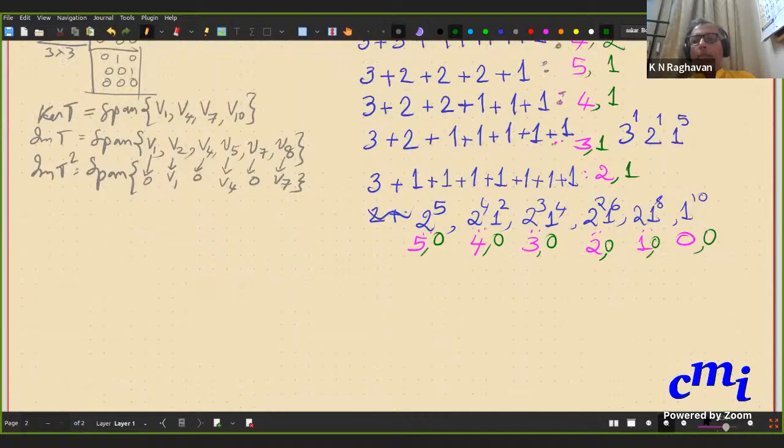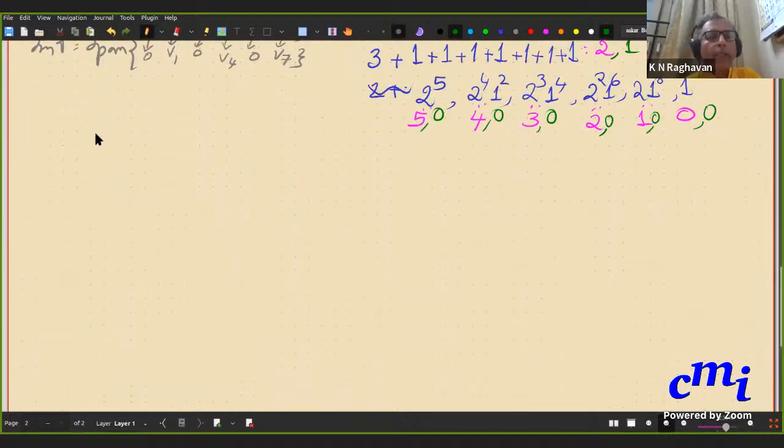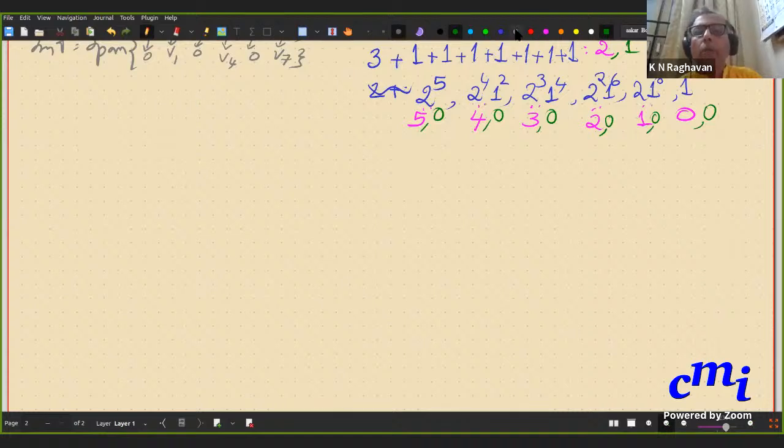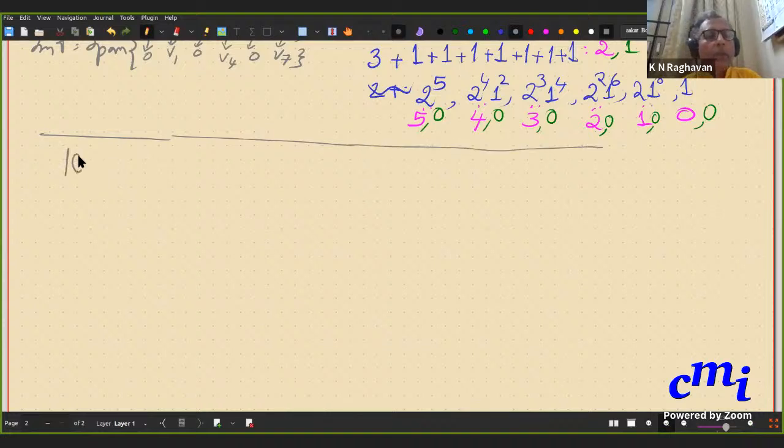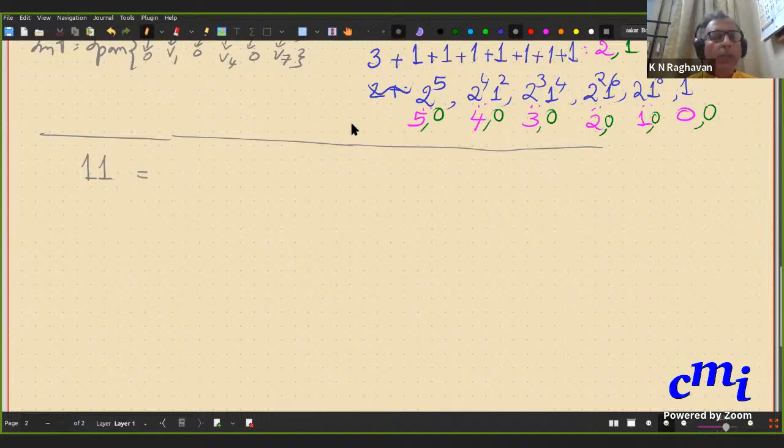So let me write a more complicated thing. If I write 100, 100 is too big a number. I can do it for 100, but for illustration, what will be good? So let's write 11. I'm not now in T cube equal to 0.